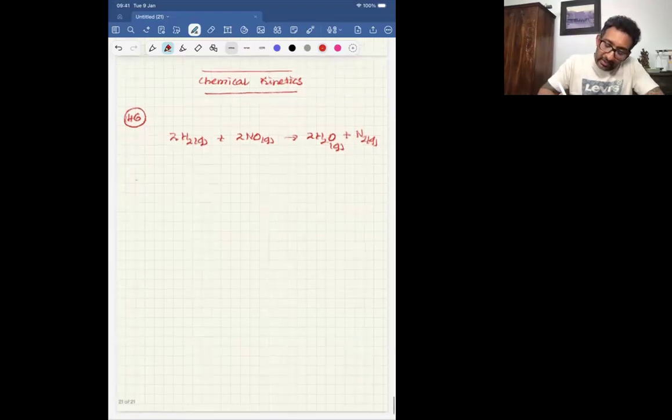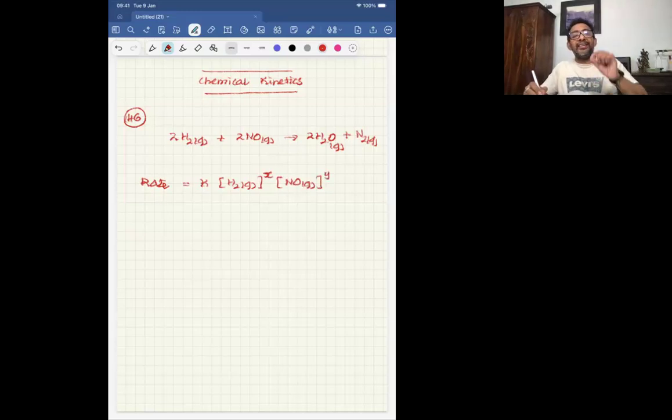Just to remind, rate is equal to k times hydrogen gas concentration to the power x, and NO concentration to the power y. Whenever you write this, x and y are orders, k is the rate constant. You have to always write this.